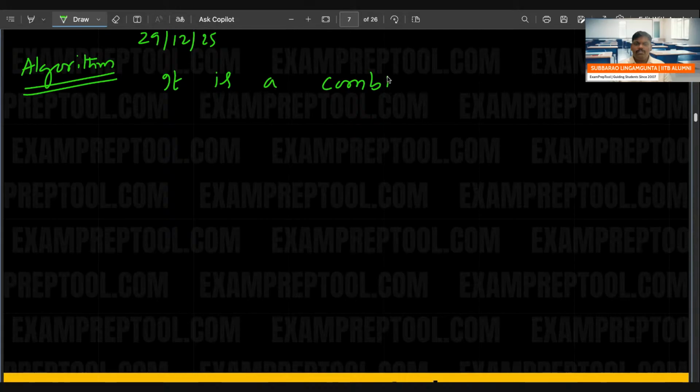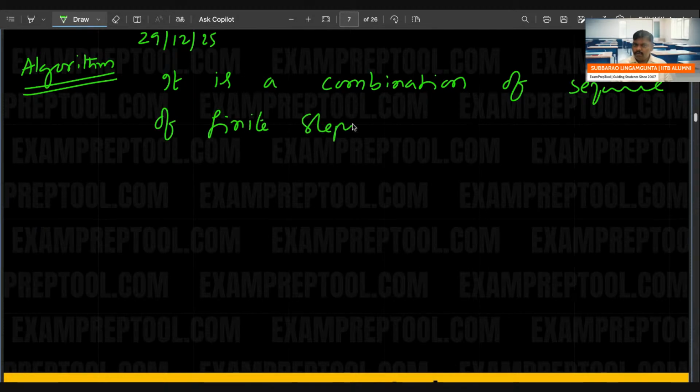It is a combination of a sequence of finite steps to solve a problem. It is the definition.